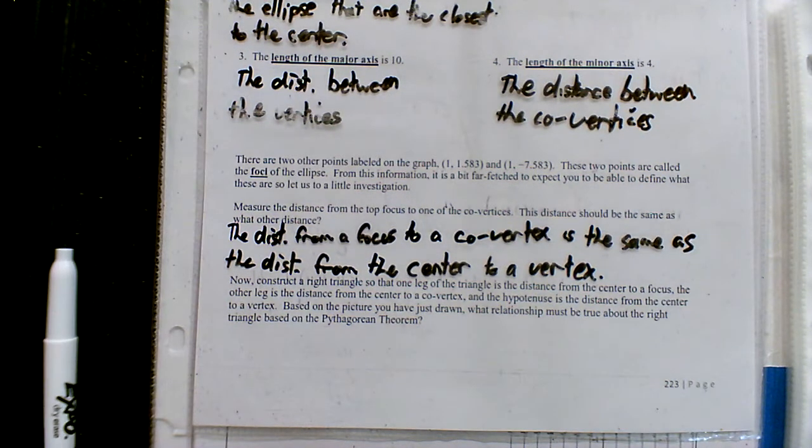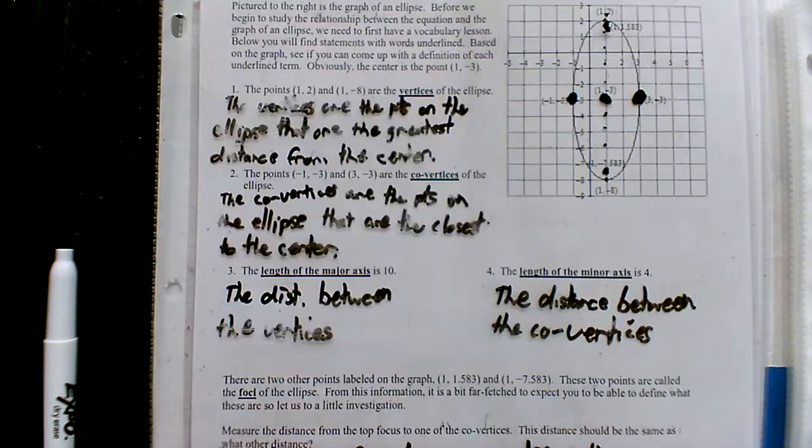So it says now, construct a right triangle so that one leg of the triangle is the distance from the center to a focus, the other leg is the distance from the center to a co-vertex, and the hypotenuse is the distance from the center to a vertex. Based on the picture you have just drawn, what relationship must be true about the right triangle based on the Pythagorean theorem?